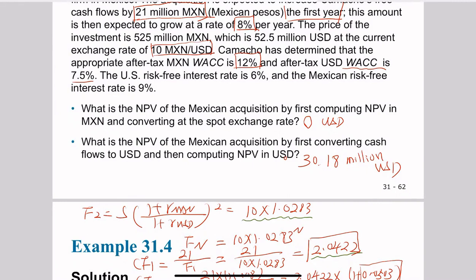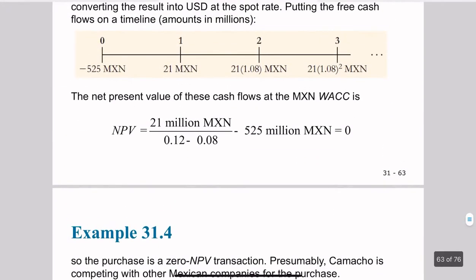So to be more specific, when you're using the first method to compute the net present value, the cost of capital you use is the cost of capital in Mexico, right? It's 12%.